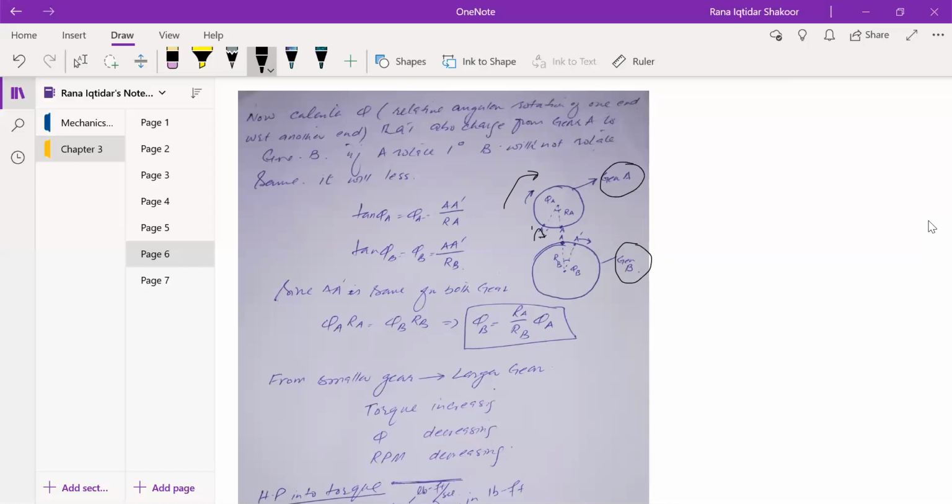So now if you see, phi B will always be less than phi A. Phi B is for the larger gear, phi A is for the smaller gear.